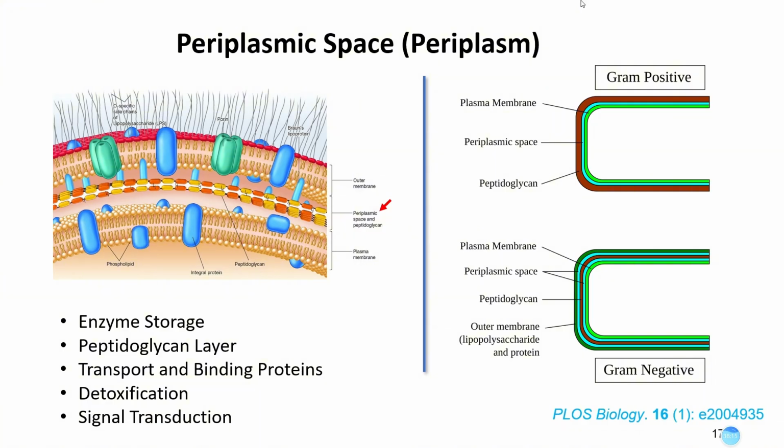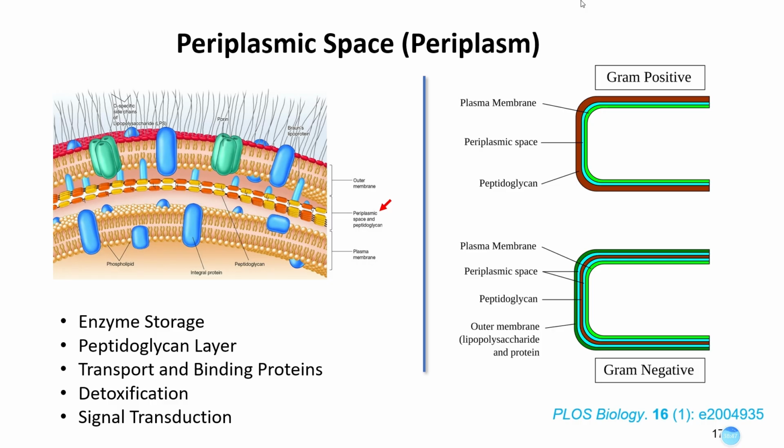Traditionally, we only introduce the periplasmic space in gram-negative bacteria. In gram-negative bacteria, the periplasmic space is the space between the two membranes, the outer membrane and the plasma membrane. You can see there is a gap between this layer of membrane and this layer of membrane, a very thin space. We call it the periplasmic space.